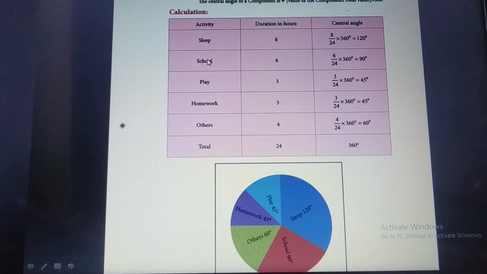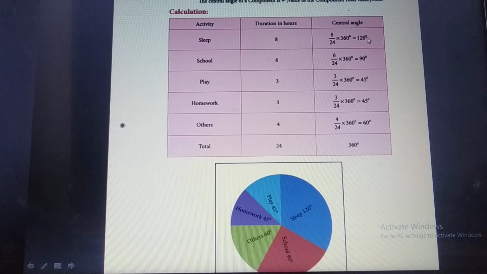This is an example. Calculation for activity and duration in hours is given. The problem: how to find the degree? 8 divided by 24 into 360 equals 120 degrees. 6 divided by total value 24 into 360 equals 90 degrees. 3 divided by 24 into 360 equals 45 degrees. 3 divided by 24 into 360 equals 45 degrees.